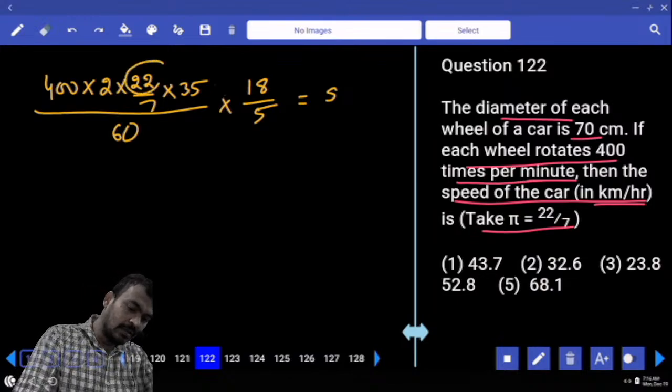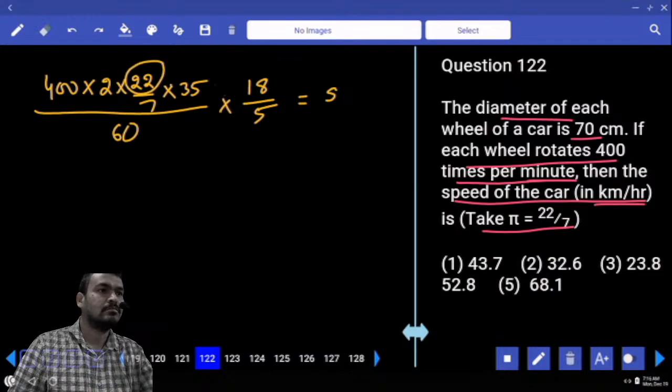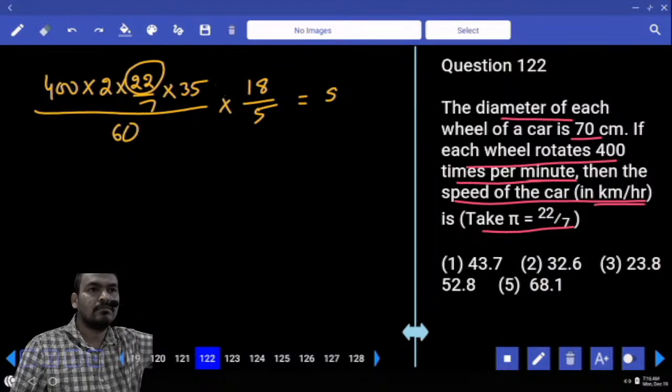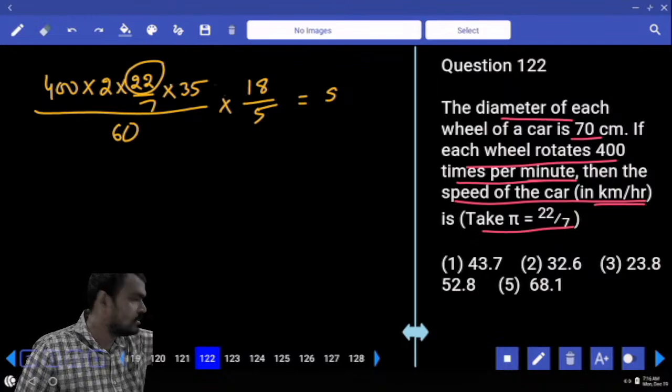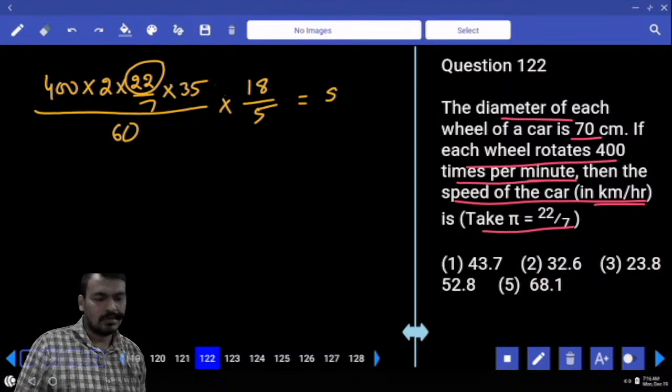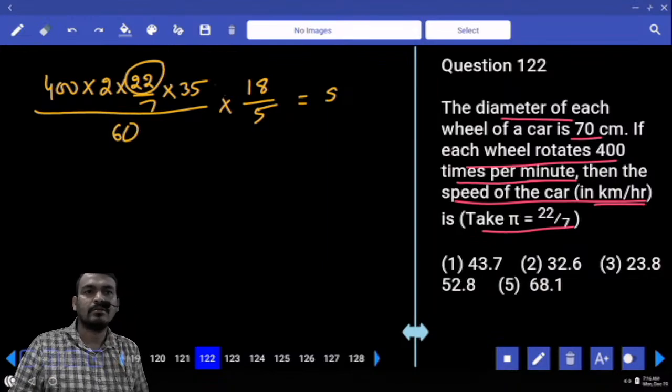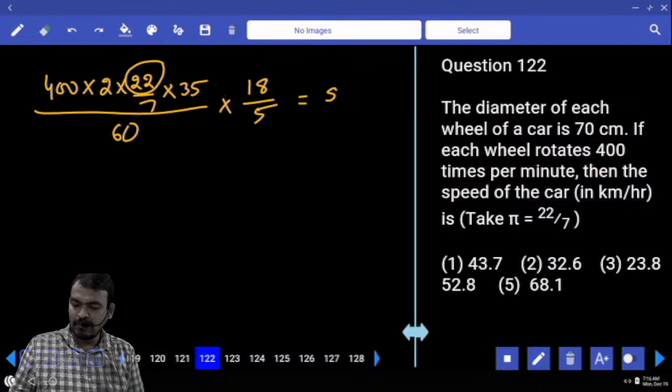20 into 11 multiple. Is there any cancellation in the denominator? 11 cancellation? Any denominator value? 60, is 11 cancelled? No. 5, is 11 cancelled? No. Then the answer is a multiple of 11. First option, 11 multiple? No. Second option?